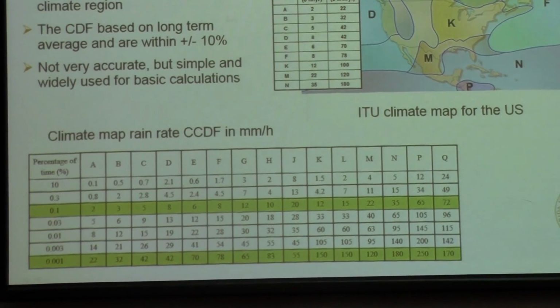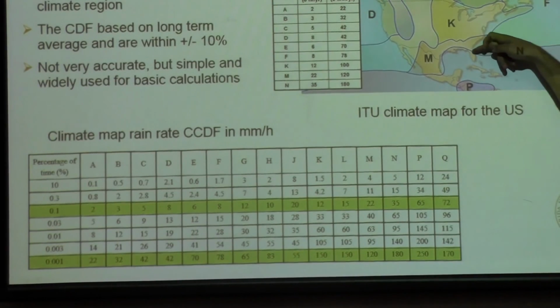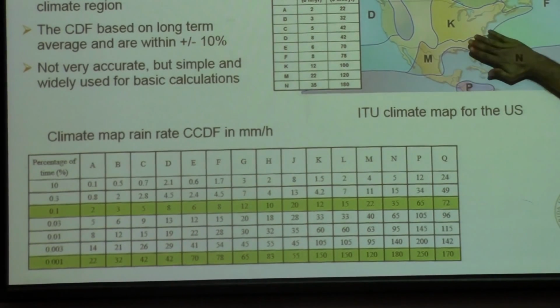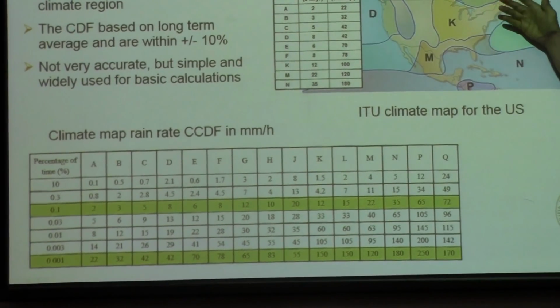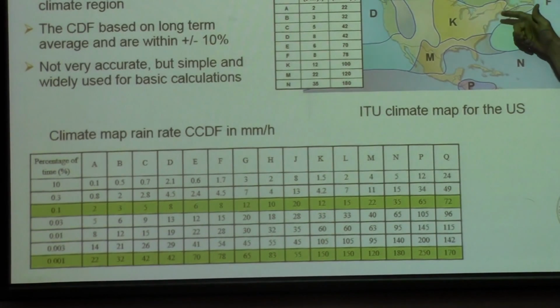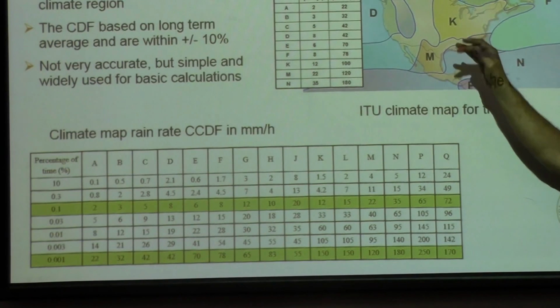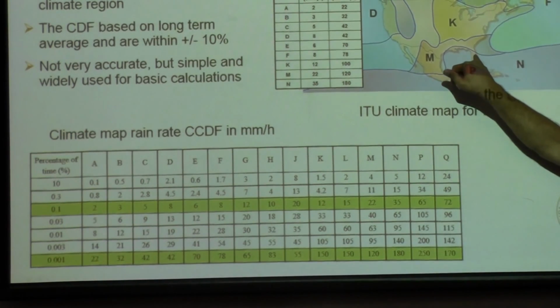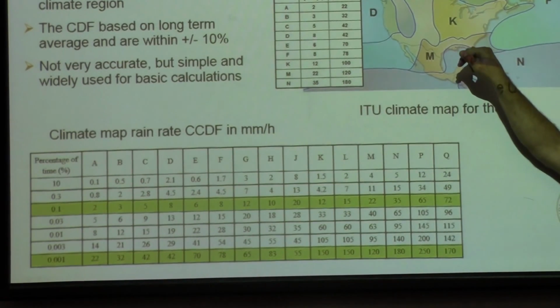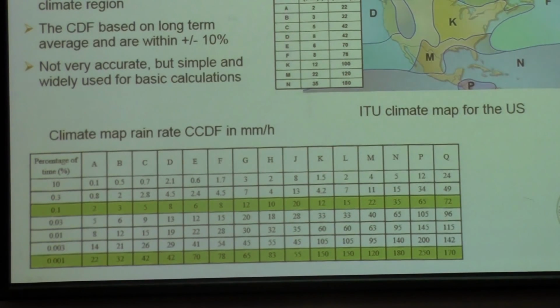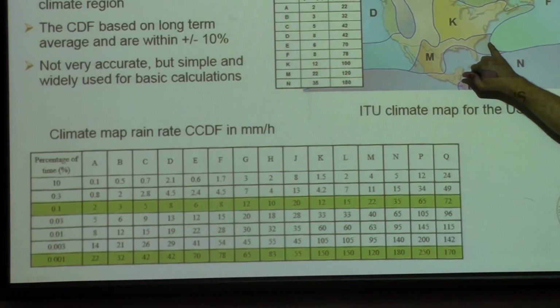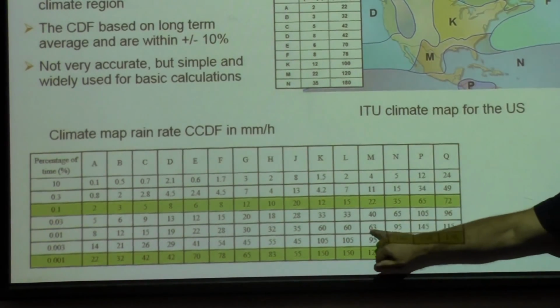If you look, however, at where these curves are, it's not step-like. It's intuitively clear that the rain rate does not change as a step function, right? So the closer you get to the boundary, the closer you get to the rain rate in the next region. If you look at the rain rate in the M region, it's 63.